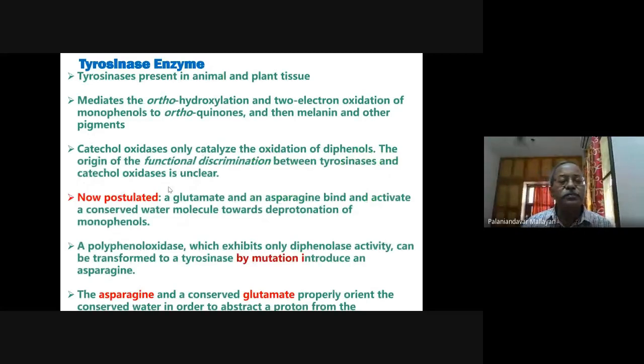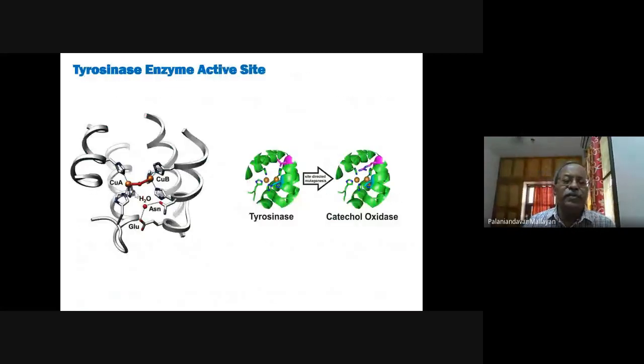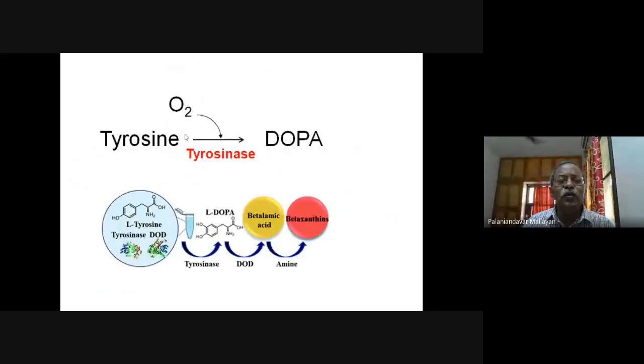Right? So this is the active site, the dinuclear active site in tyrosinase. So what's its duty? It's also involved in conversion of tyrosine to dopa. How? This is the tyrosine amino acid. So that undergoes conversion into dopa by a series of reactions.